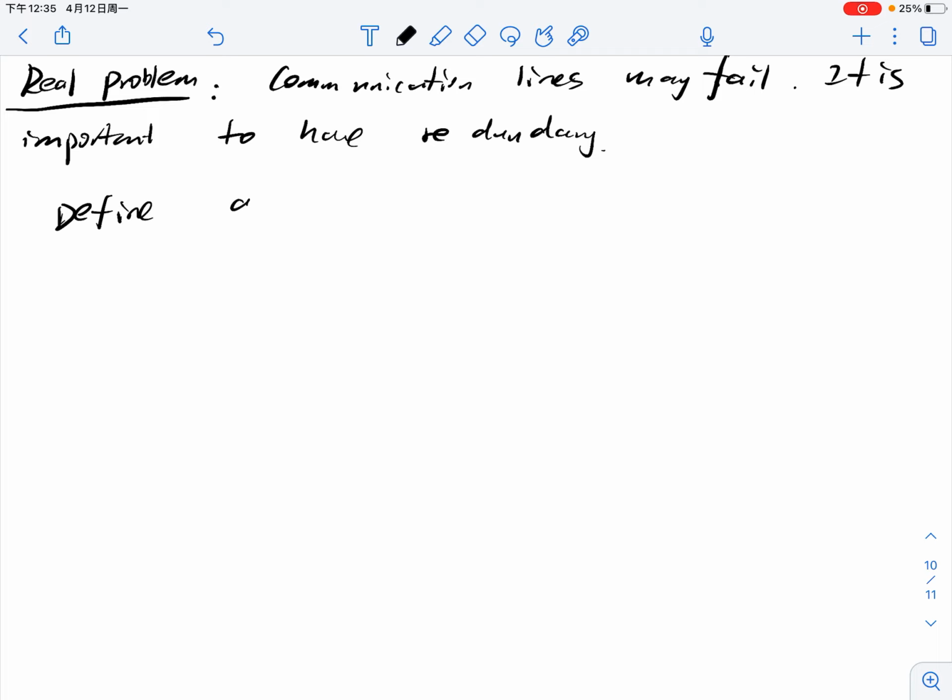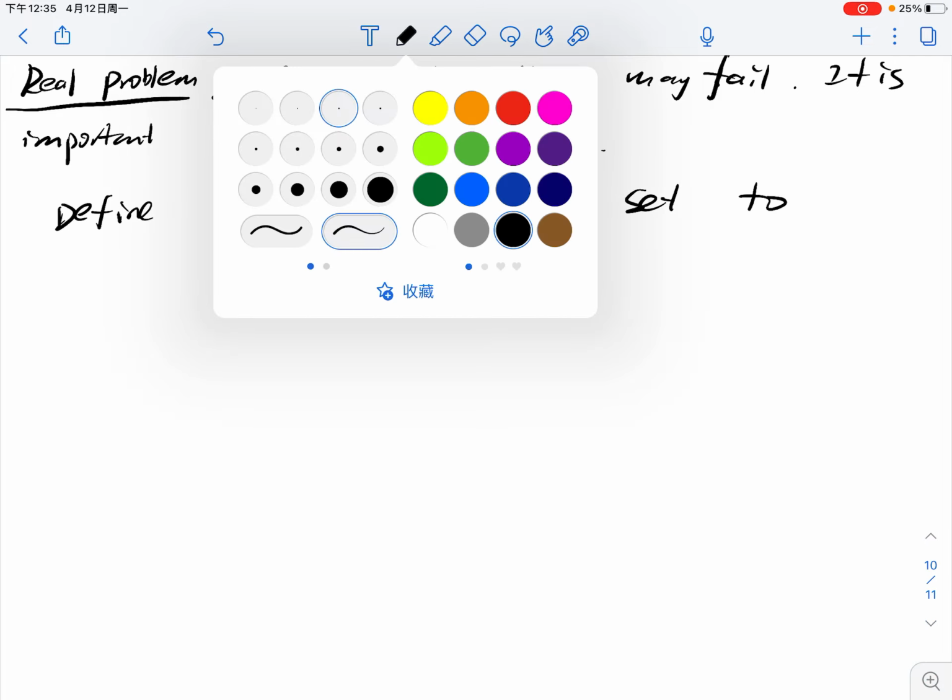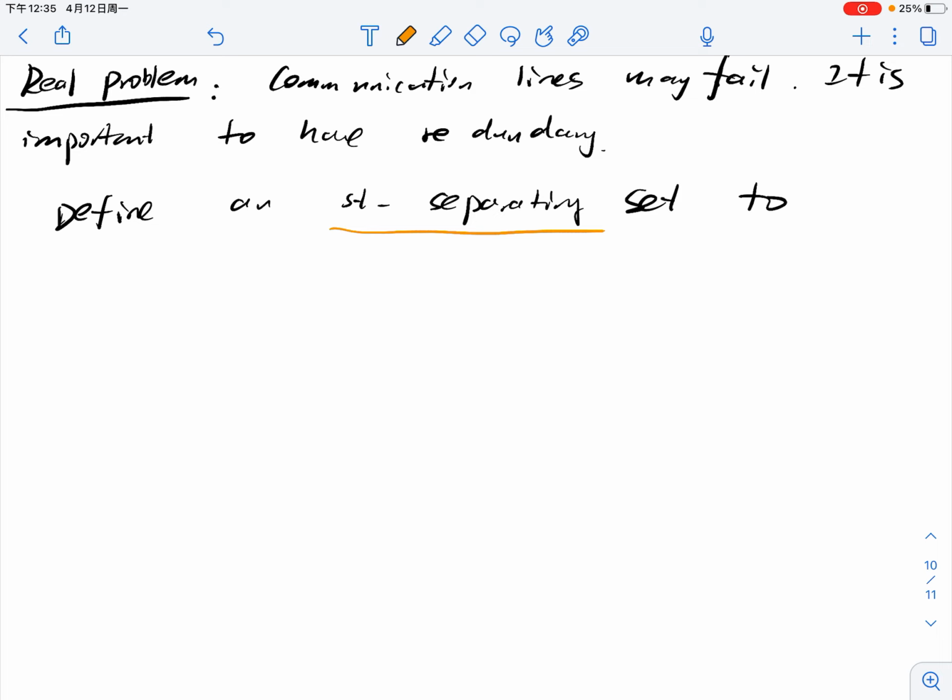And we define an ST separating set. This is probably the terminology in information theory.